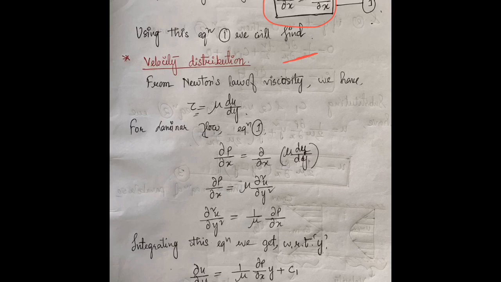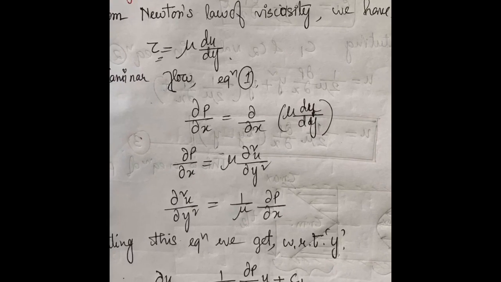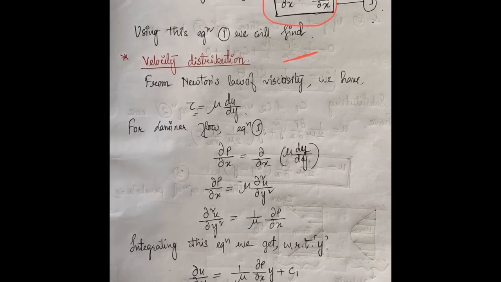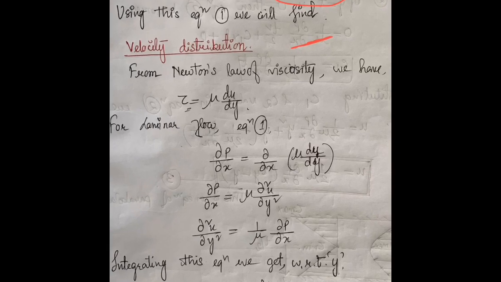If you double integrate this equation, then what we have found, let's see. After getting the equation from Newton's law of viscosity, we have to integrate this equation with respect to y.